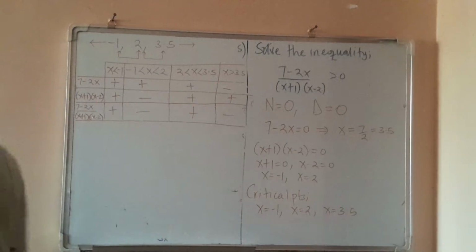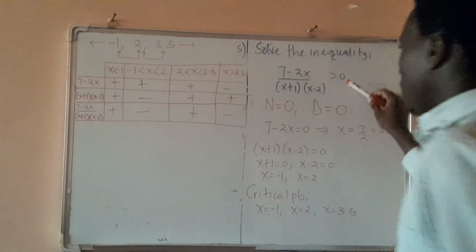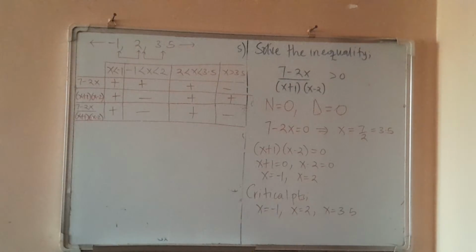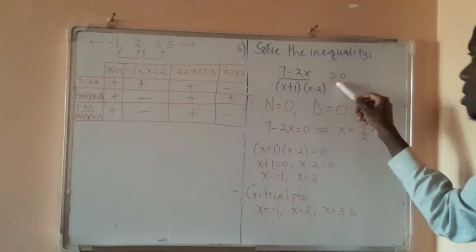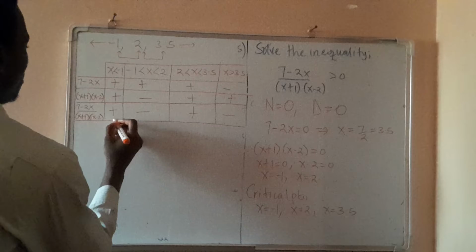So we want all values of x. When you look at this question, we want all values of x such that this function is greater than 0. Values of x which ensure that the function is positive. These are the values where we are having a positive sign.